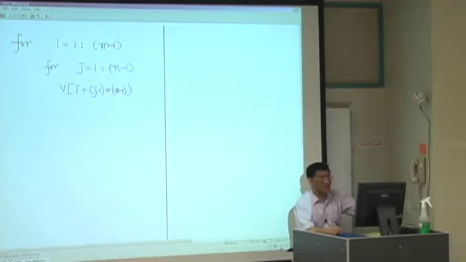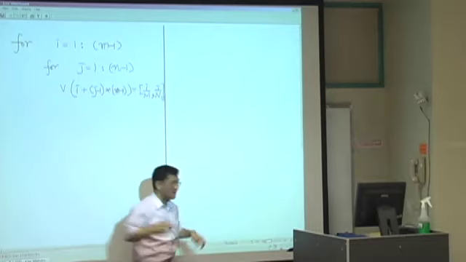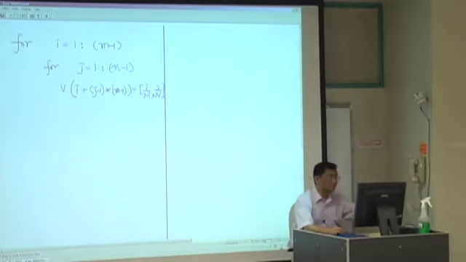Is it parenthesis? I think it's parenthesis, right? Equals i over m, and then j over n. In other words, the vertex position is determined. And then we finish the loop.